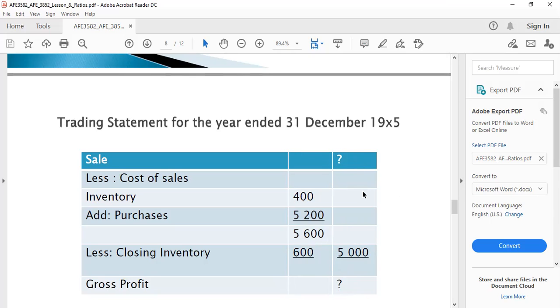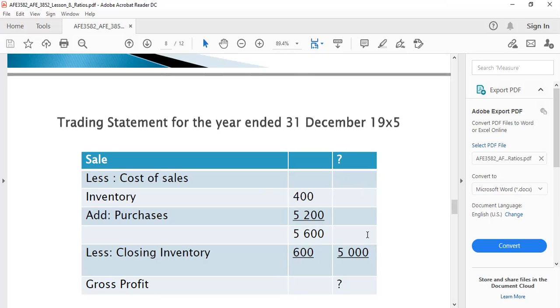Sales will be cost of sales, the cost you incurred, the $50 you incurred to buy the shoes, and then you added a profit on that amount, which is called gross profit. So you added the $30, that is gross profit. 50 plus 30 will give you 80, which is the selling price. Do you understand? Yes. Which is the sales amount.